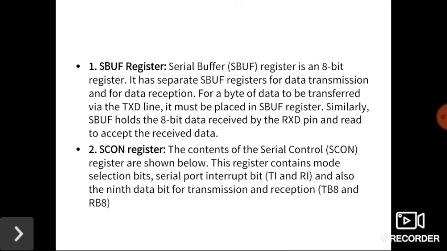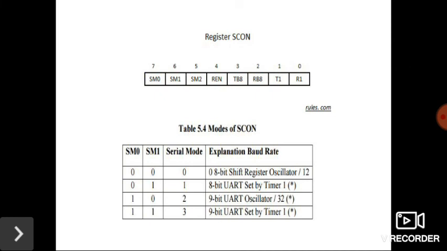It contains the mode selection bits, the serial port interrupt bits TI and RI, and also the ninth data bit for transmission and reception, TB8 and RB8. That is shown in the figure. From bit 0 to 7, these are the bits. RI is the receive interrupt flag, TI is the transmit interrupt flag, RB8 is receive bit 8, and TB8 is transmit bit 8.